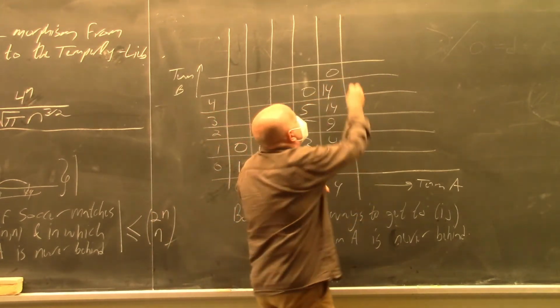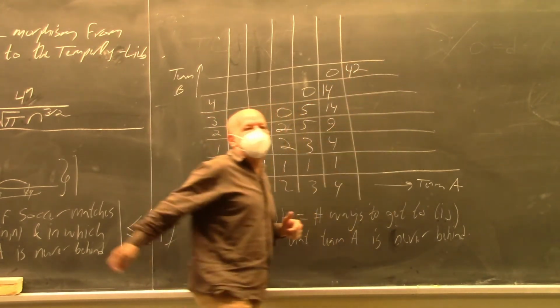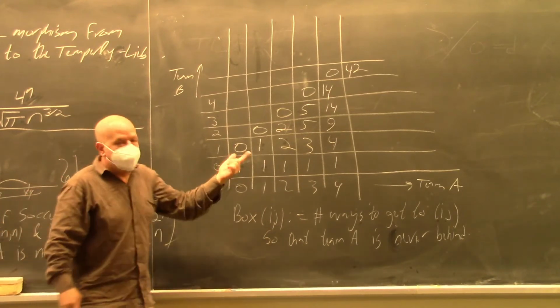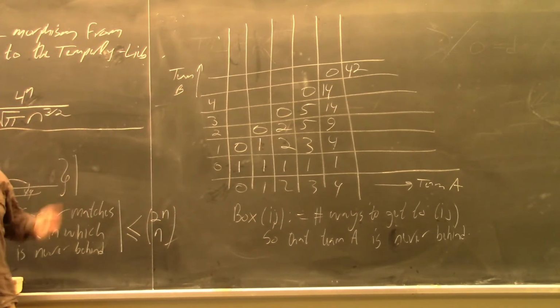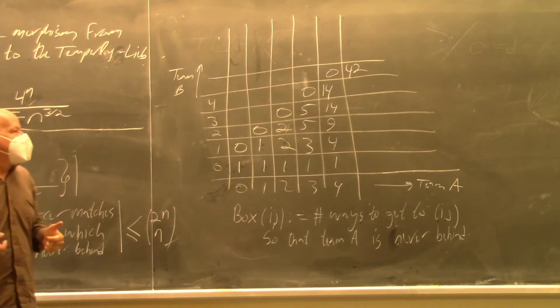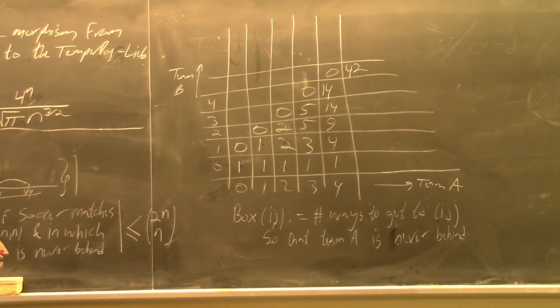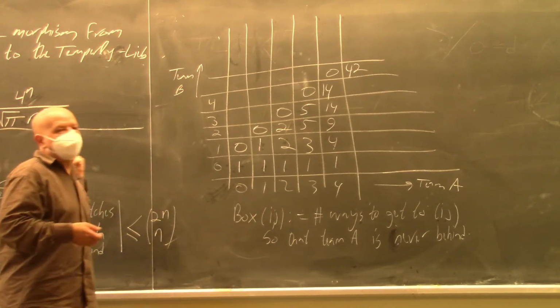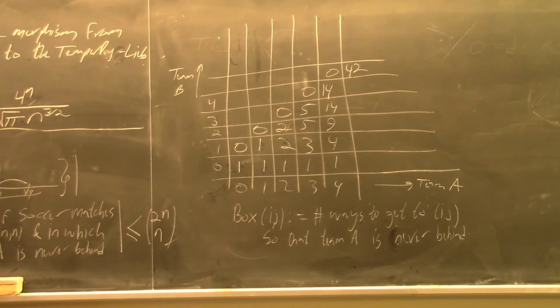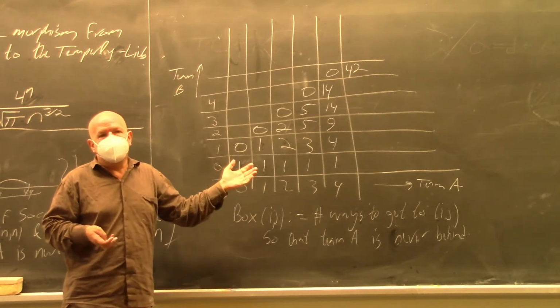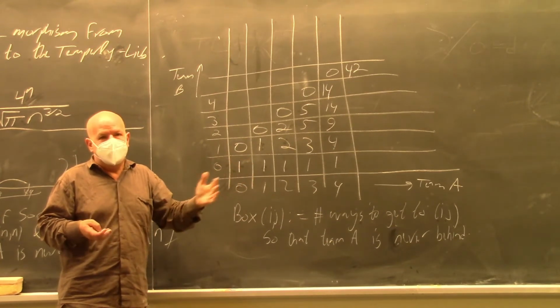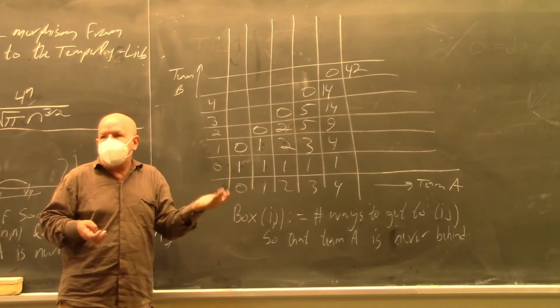I think the next one comes out to be 42, but we can check. If I'm wrong, who cares? It's kind of lovely to actually write the corresponding things, but not now. So how do I compute this? This should remind you of the binomial coefficients. The binomial coefficients are obtained in exactly the same way.